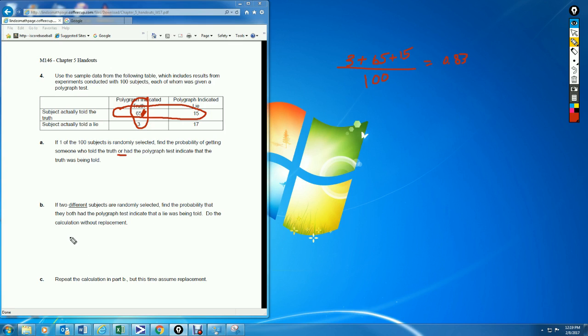All right, B, if 2 different subjects are randomly selected. So now we are making 2 sequential selections. We're going to have to do some multiplying. Find the probability that they both had the polygraph test indicate that a lie was being told.